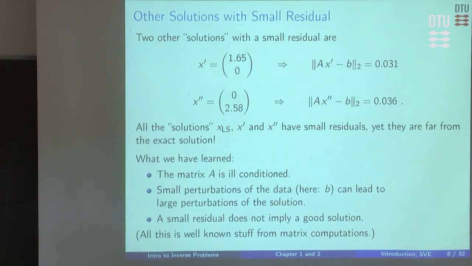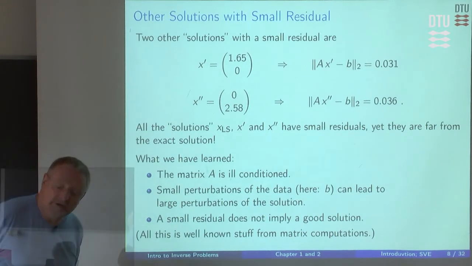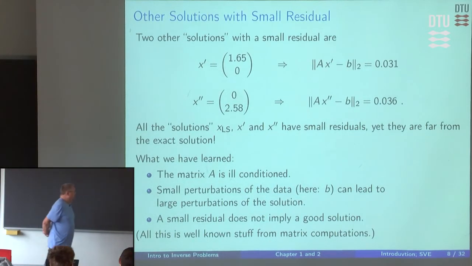Right, so already what we can learn from such a small experiment here is that small perturbations of the data, of the right-hand side, can actually lead to pretty large perturbations of the solution. And of course, the reason is that, as I mentioned, my matrix is ill-conditioned.